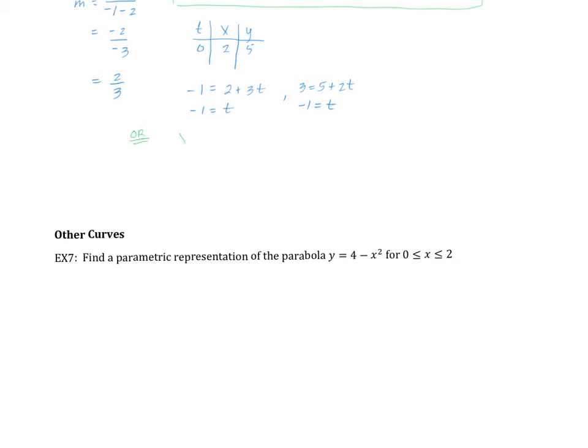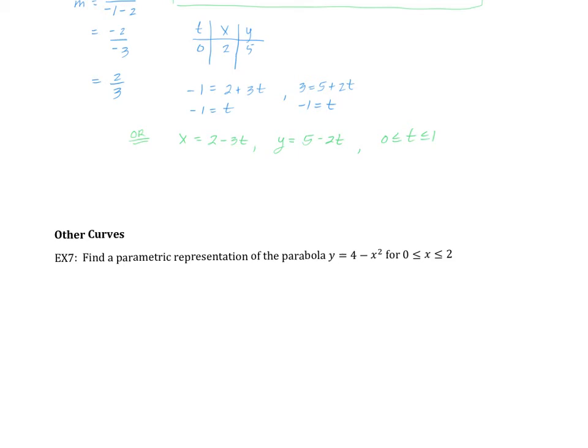So I could choose x to be 2 minus 3t, y to be 5 minus 2t. And then you can verify that the t values would go from 0 to 1.